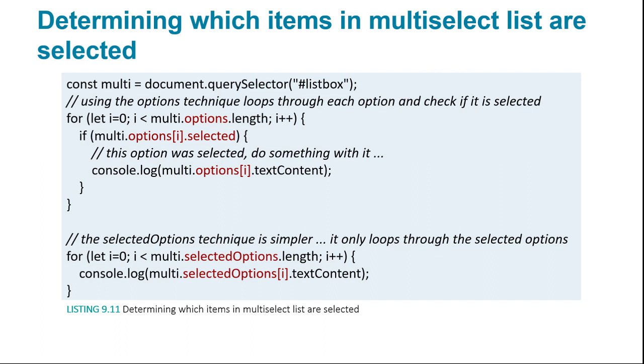So instead of doing the for and then if, you just do a for, and instead of multi.options, you do multi.selectedOptions. And then you still have to grab the index of them each time. That's what that square brackets i is. That means index, in your array, starting at 0. Whatever one you're at, do it. Okay?